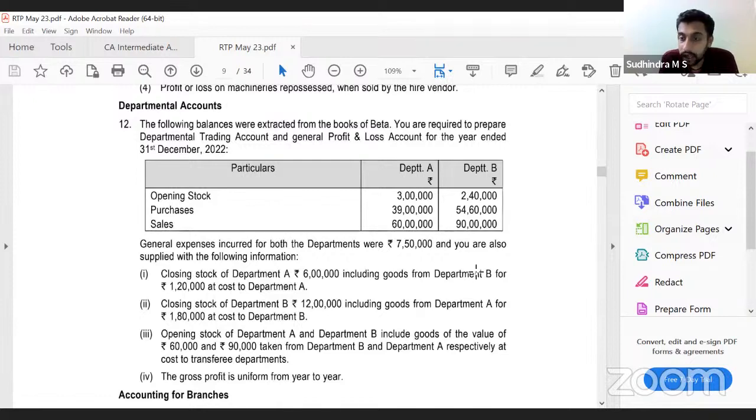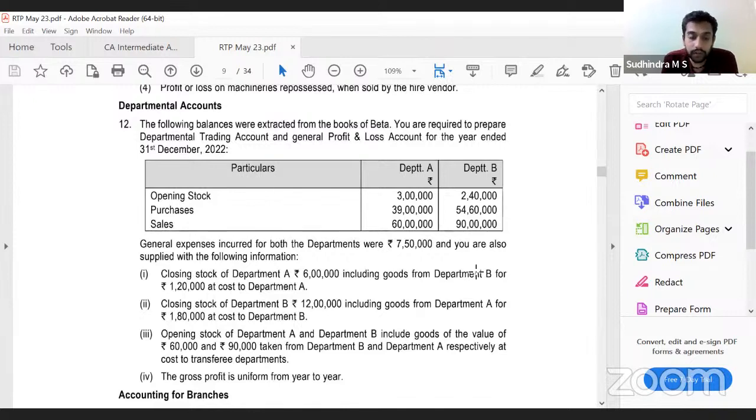Then below that, closing stock of department A includes rupees 1,20,000 worth of goods received from department B.